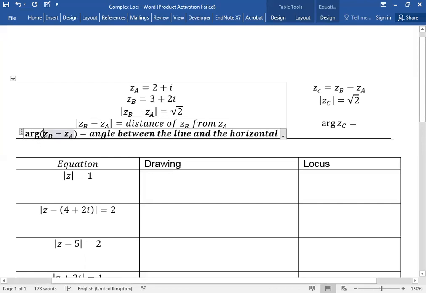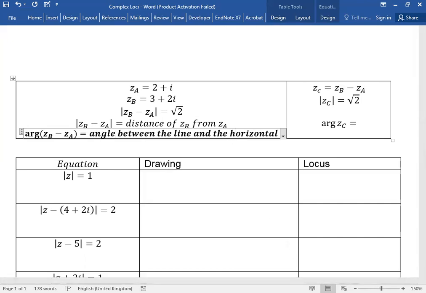Similarly, if I ask you the argument of ZB minus ZA, now remember ZB minus ZA, we have just given it a new name, which is ZC. You can figure it out, that is 1 plus iota. If you find the argument of ZB minus ZA, that is the angle between the line and the horizontal.